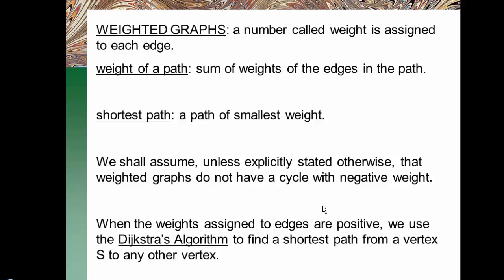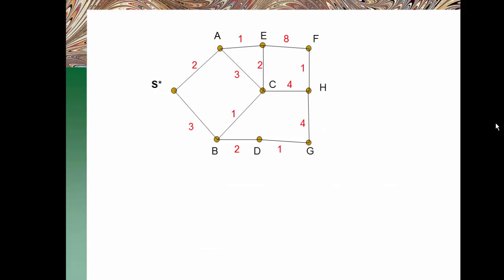Now we introduce an algorithm called Dijkstra algorithm, which is used to find the shortest path from a vertex S to any other vertex. Here's an example of a weighted graph. Notice that each edge has a number associated to it. Then when we look at a path in a weighted graph, we can talk about the weight of the path.